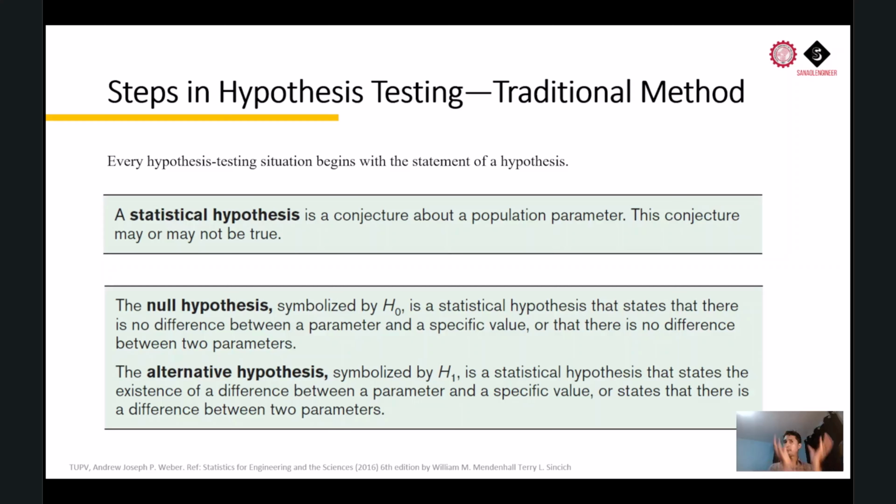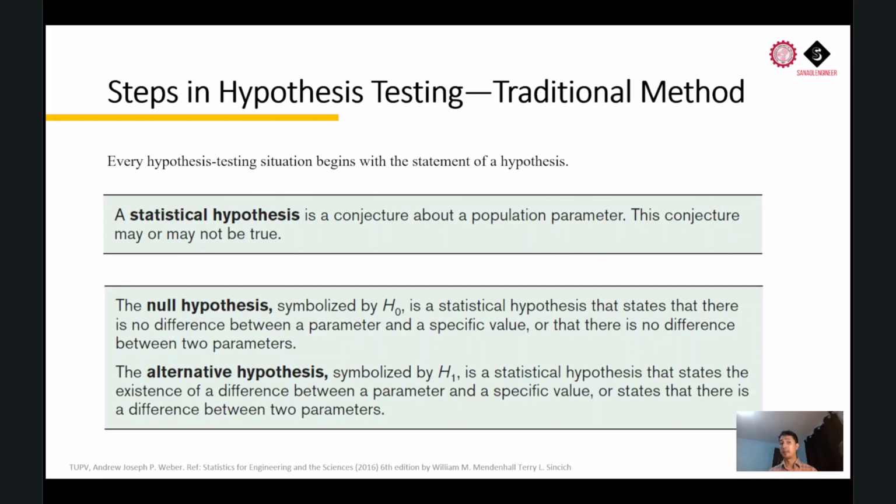So we have a population, we sample, and we are comparing the sample and the population. That's why it's stated here that the null hypothesis can also be a statement that there is no difference not only between a population and the sample, but also between two populations or two parameters. But we're not going to discuss that type of hypothesis testing.